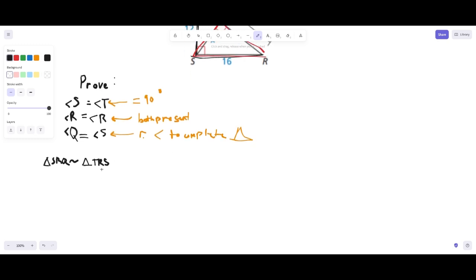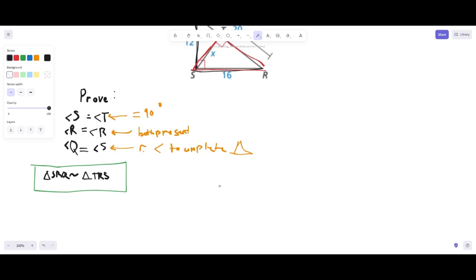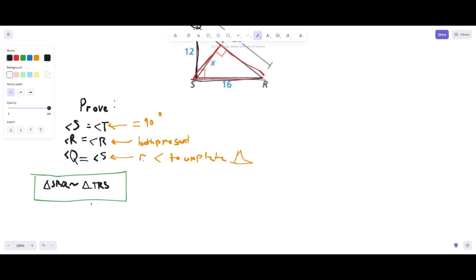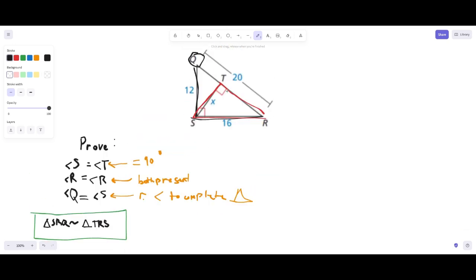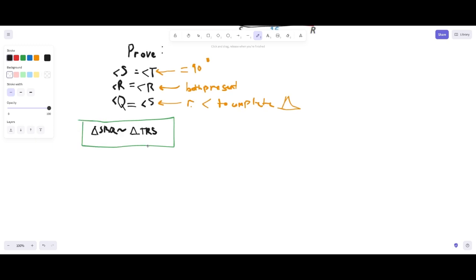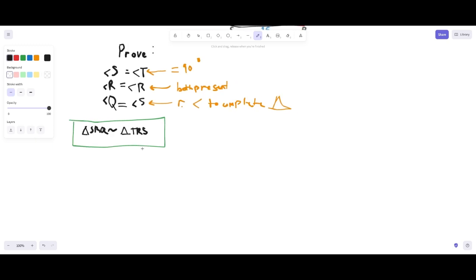It's very important that you write it in the proper way. That's why when I'm proving it, I like to write the angles and their correlation with each other first, and then I like to write the similarity statement, which I just completed over here. Okay, now we have proven these two triangles, SQR, so the big triangle with the smaller triangle, like the red one that I've highlighted, to be similar. All of that's good, all well and done.